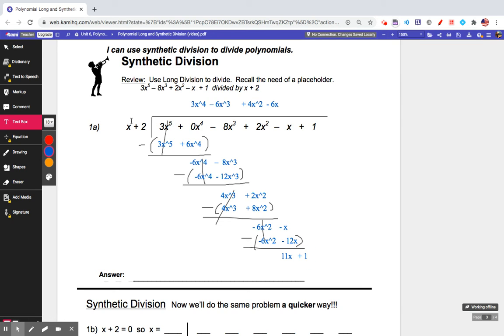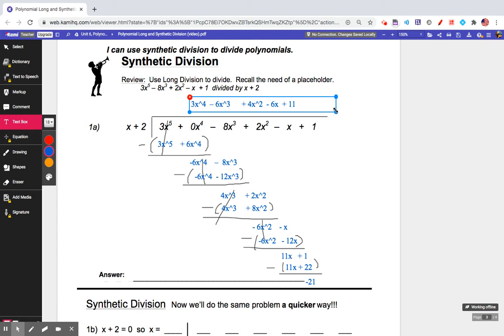And then last thing I say is x times what is 11x? x times positive 11. And then I multiply that 11 times that divisor, and I get 11x plus 22. And last time that I'm subtracting, I change the signs and I add, and 1 minus 22 is negative 21. So I write negative 21 as my remainder.